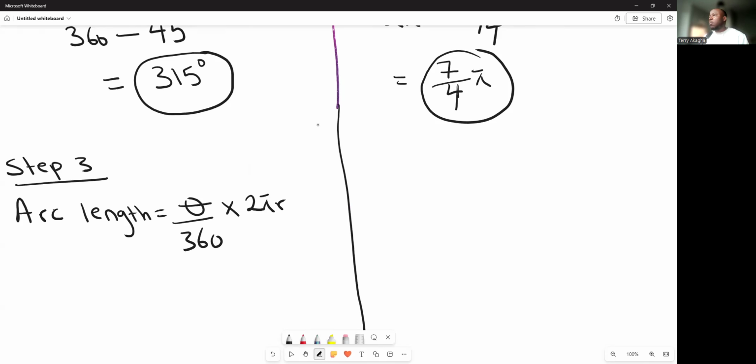But if you're working with radian, the arc length is going to be theta r.